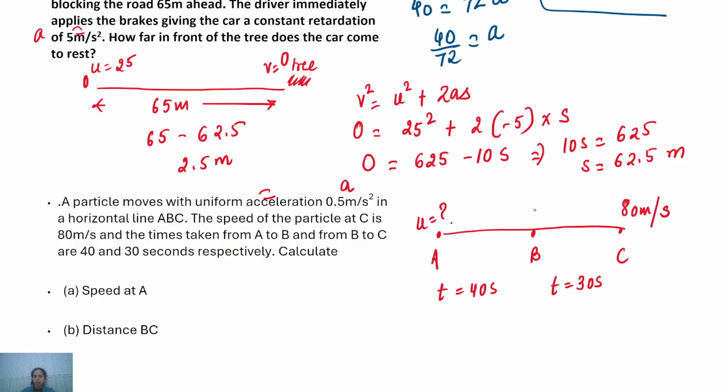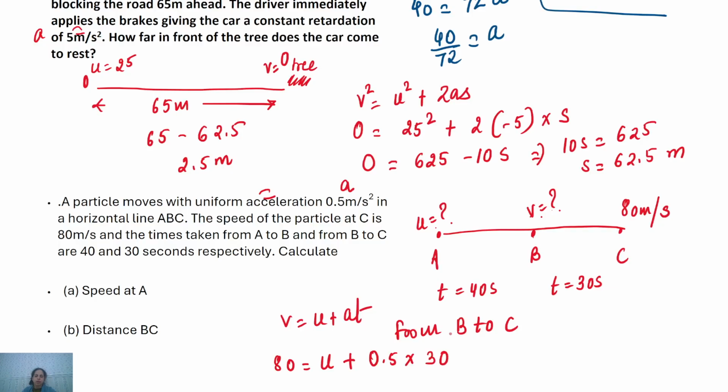So if I know the speed here, that would act like my final speed for this part, and then I can use, so basically what I'm doing here is I have to apply v equals u plus at 2 times. First, I'm applying from B to C. So my final speed at C is 80. My starting speed at B, I don't know. Acceleration is 0.5 and time is 30 seconds because we are applying it from B to C.